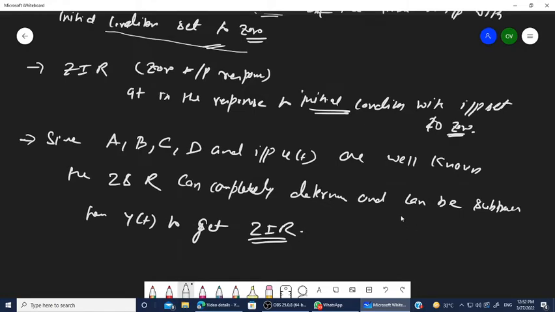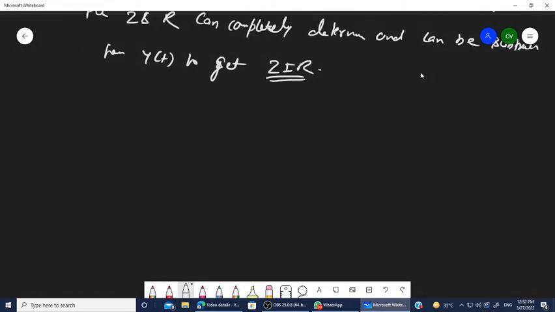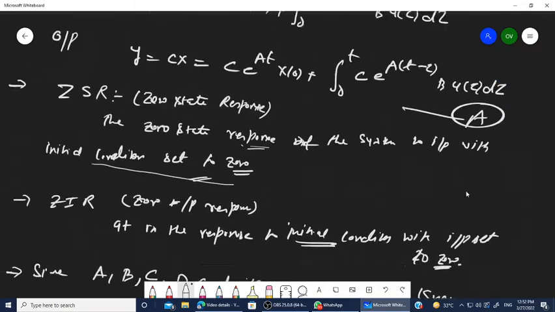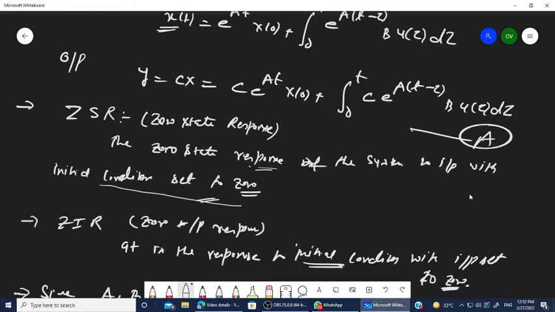So in one word, the ZIR is nothing but y0 = C e^(At) x0. And what are the other terms? We have considered the homogeneous equation, and for that purpose this term becomes 0 and is negligible.